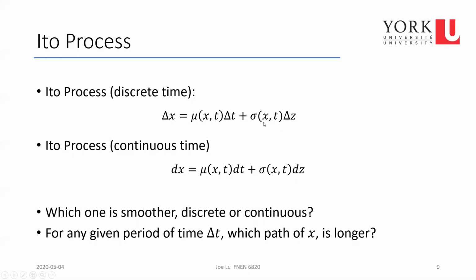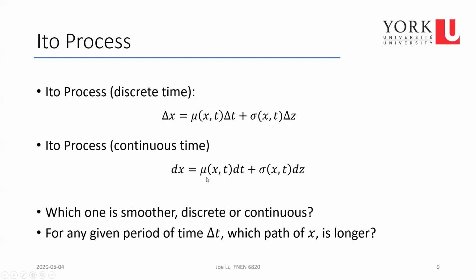But here there is this function sigma, which is also a function of the state variable x and t, but it's multiplied by delta z, where delta z is a stochastic variable with a normal distribution. And so this times that will give a different variance for this stochastic process. Now, you can also obviously express them in a continuous form.